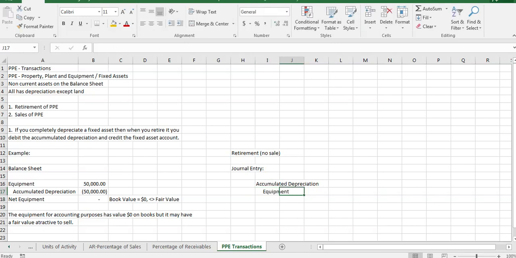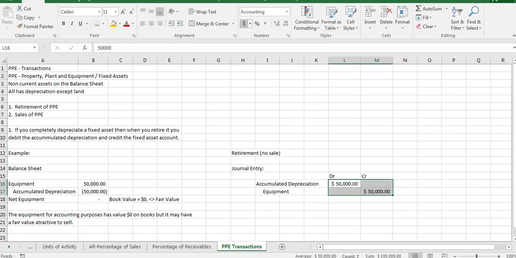Let me place the debit and credit abbreviations. Accumulated depreciation is 50,000, equipment is 50,000, so there is no value left, and it will be out of the balance sheet, since we have reversed the entry.